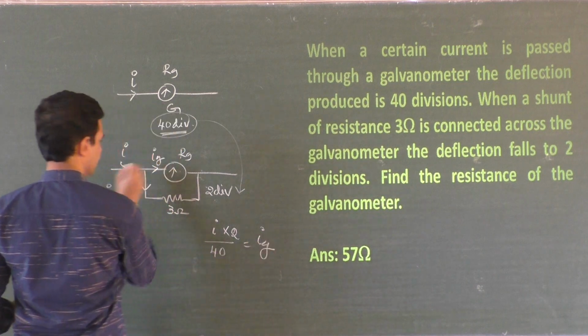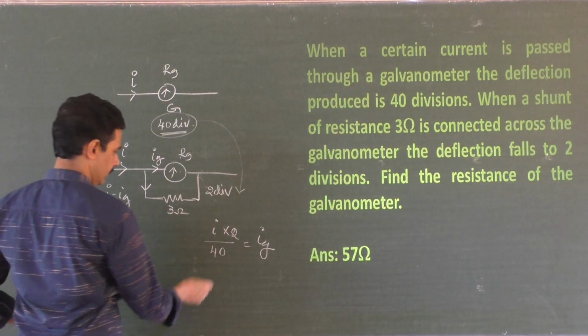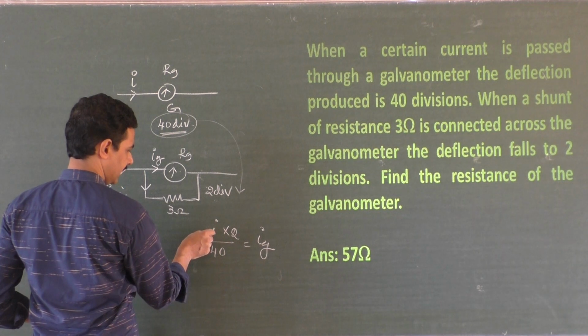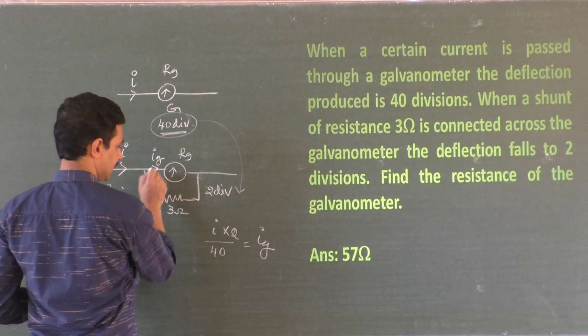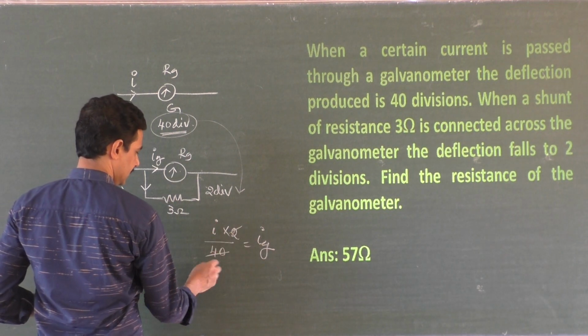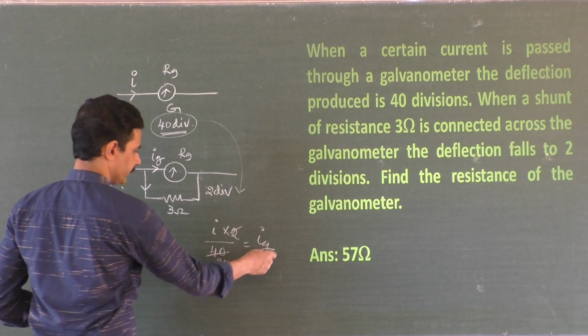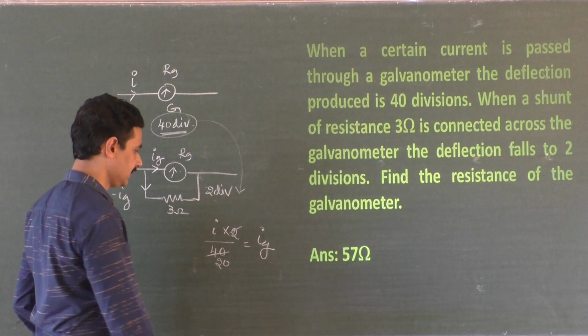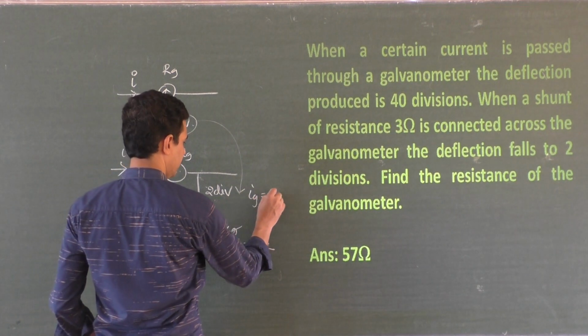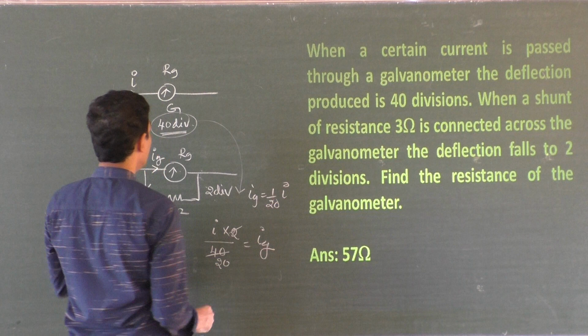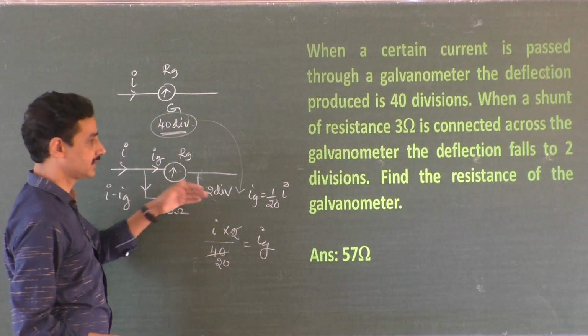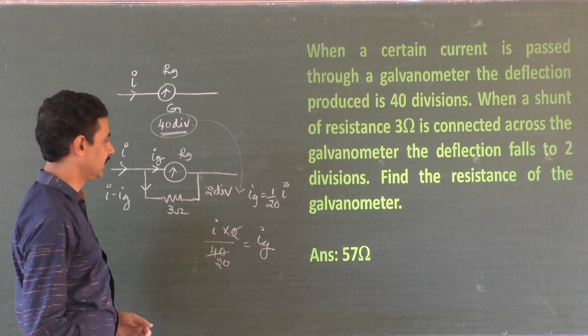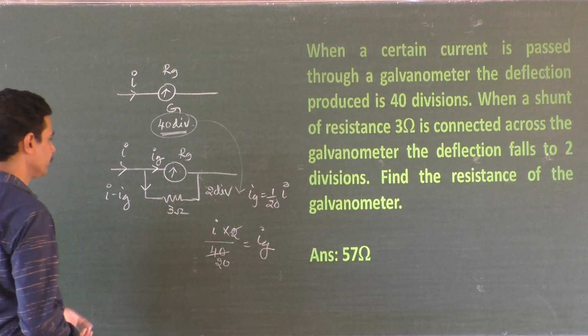That is Ig, right? Cross multiplication. 40 divisions deflection was produced by I. 2 divisions by what? That should be Ig. So this Ig is 1/20th of I. So Ig is 1 by 20th of total current, because the number of divisions of deflection has dropped by 1 by 20. Now the rest of the things you can do, write the formula.